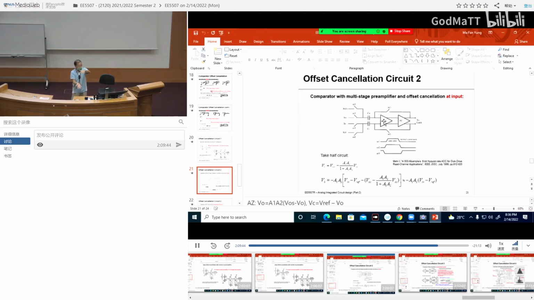If I only got 1 output, I can't tell the difference, because that means my other reference is ground or something. So if there's any noise here, it's going to make my output quality bad. But if it's differential, I can treat it as a common noise. So this applies to both input and output also. That's why we take a differential input, because any noise that's common will be rejected.